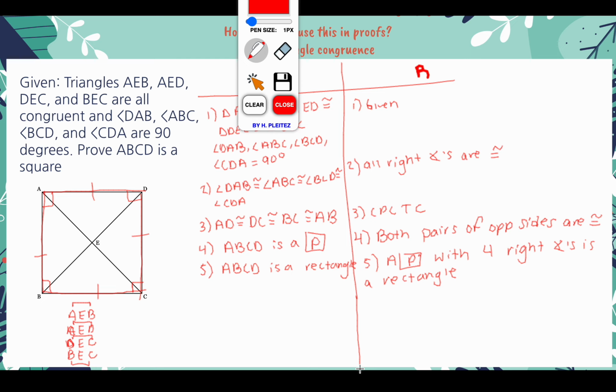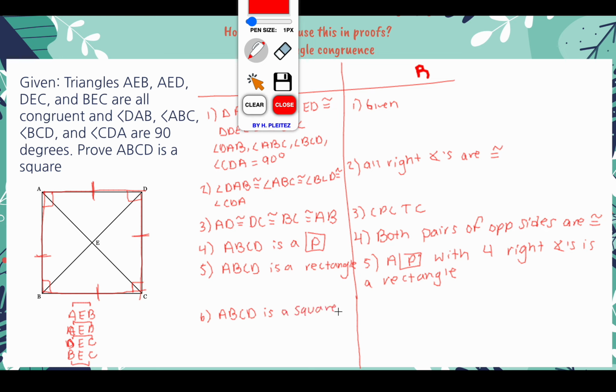Now, we said that if we can check off one other thing for a rhombus, if we can check off one thing from a rhombus already having a rectangle, we know that we have a square, right? So our next thing, I know that I can check off the fact that all four of these are congruent. So the route that I'm going to go, I'm going to say ABCD is a square.